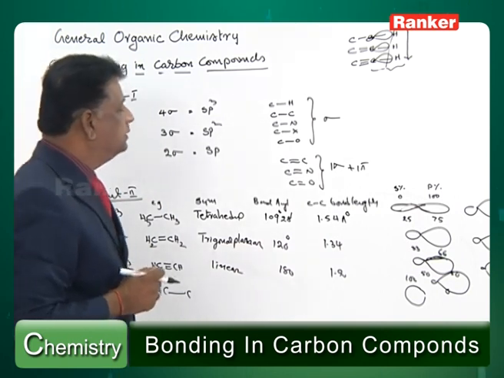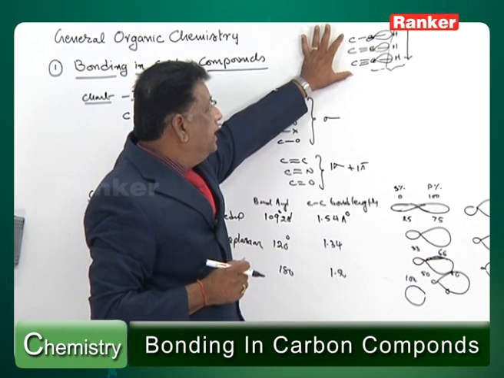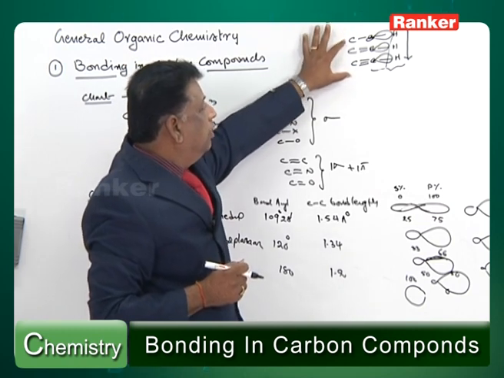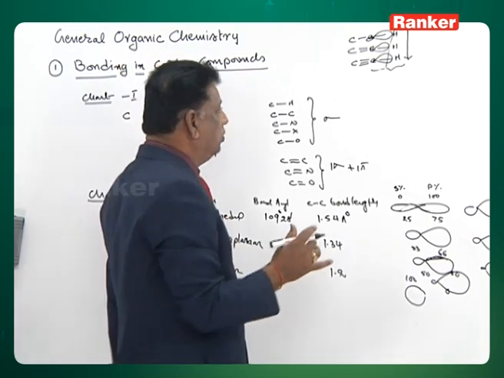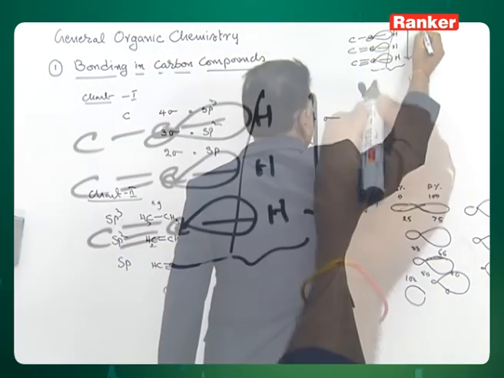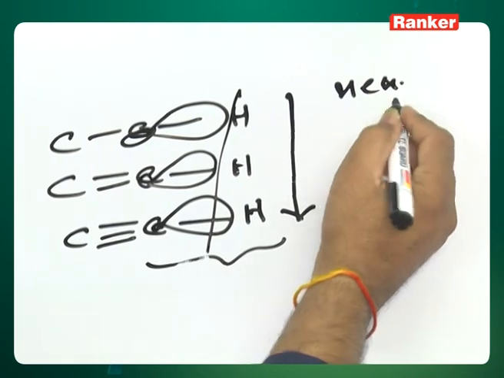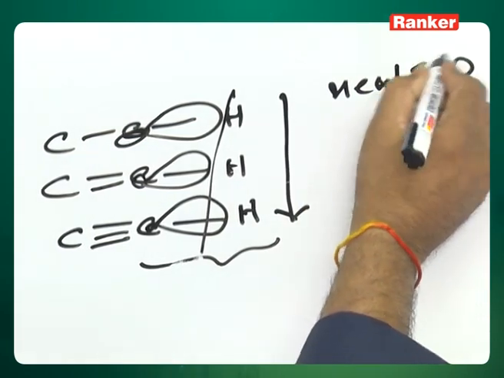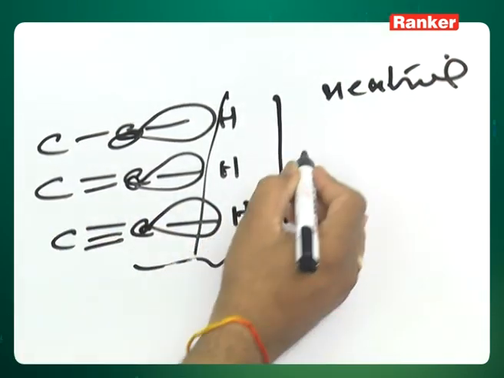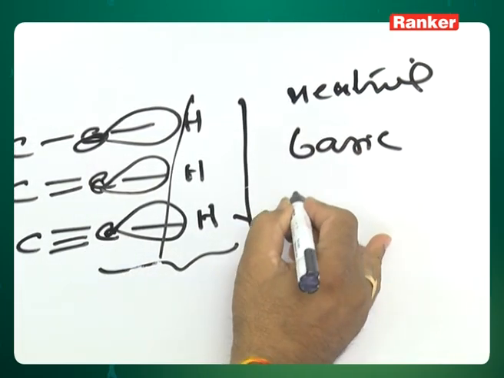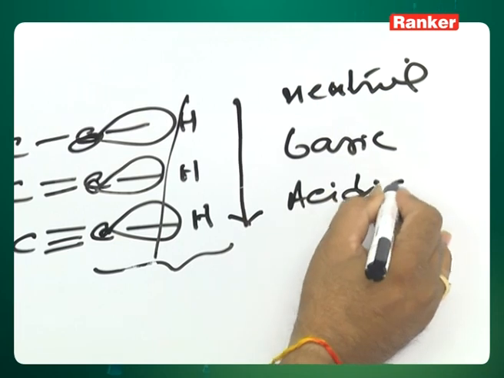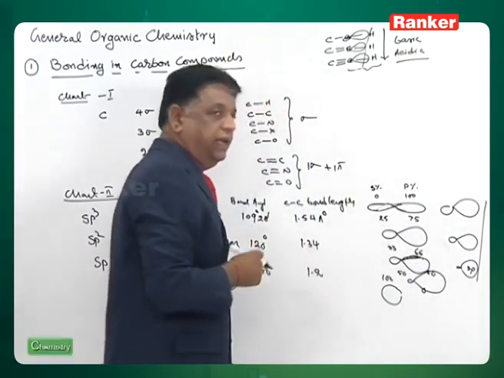It is also specifically observed that the nature of the molecules also differs. In ethane the electrons are neutrally spread over, therefore you find a neutral nature, but here it is basic in nature and here it is slightly acidic in nature. How is this acidity explained?